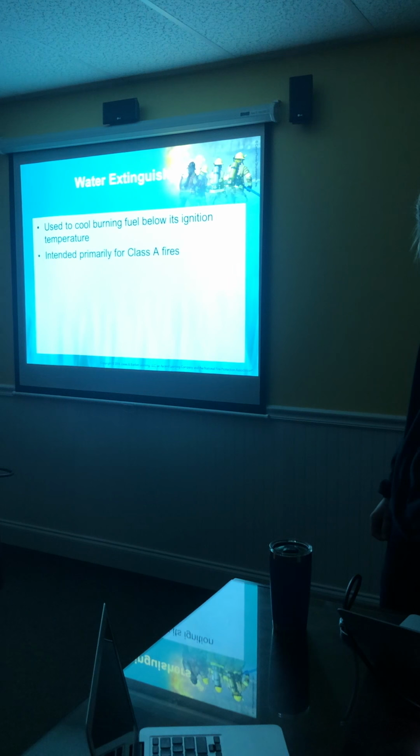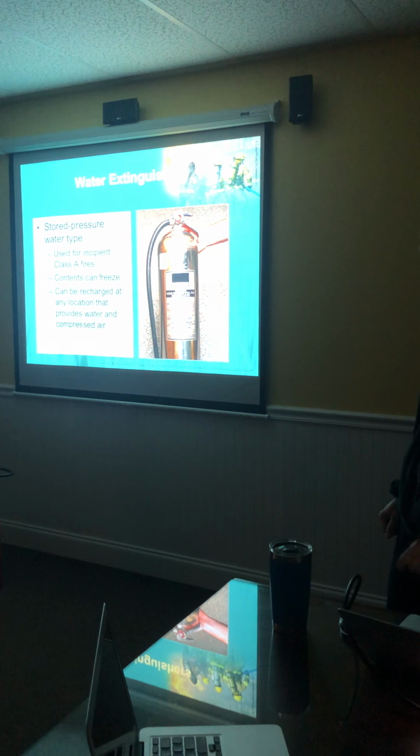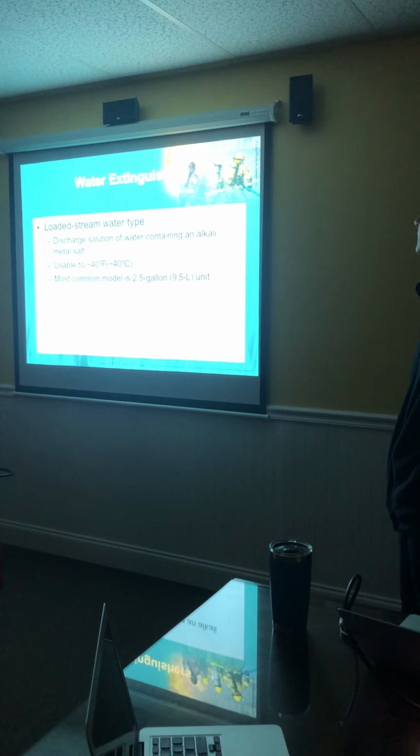Water extinguishers are basically used to cool burning fuel below its ignition temperature. They are stored under pressure as well, typically used for incipient Class A fires. Contents can freeze.